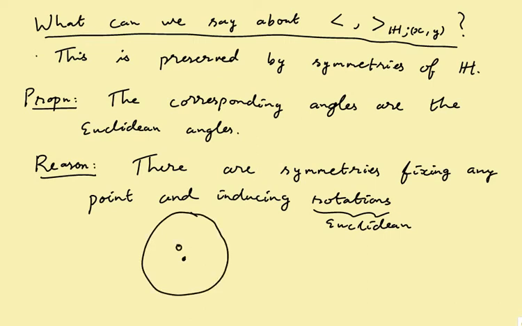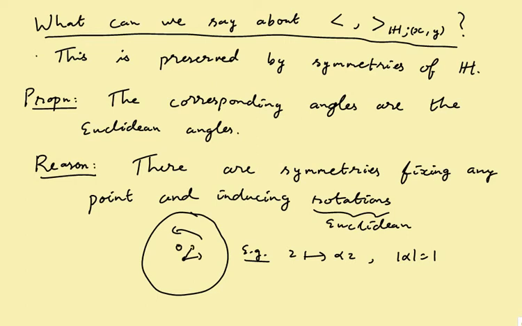If we take our point to be the origin, then obviously if I look at z goes to alpha z with mod alpha equal to 1, this is a biholomorphic map and it's simply a rotation. Given any vectors here, they are simply rotated at the origin.